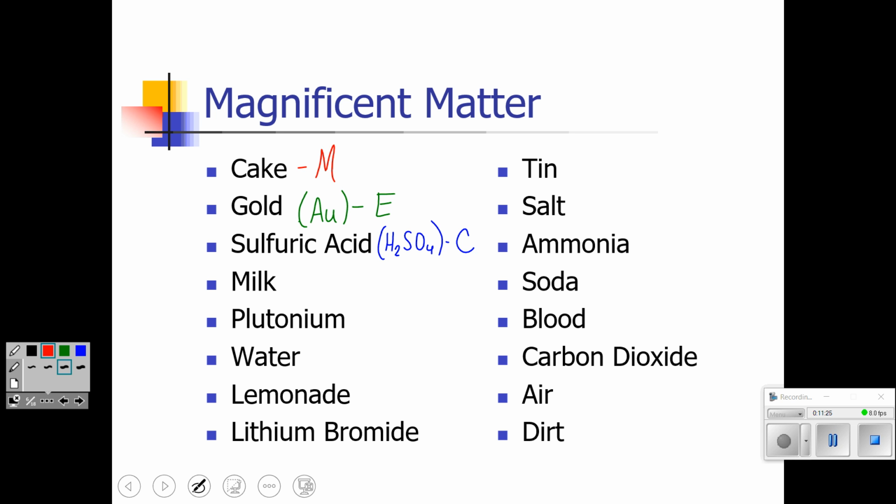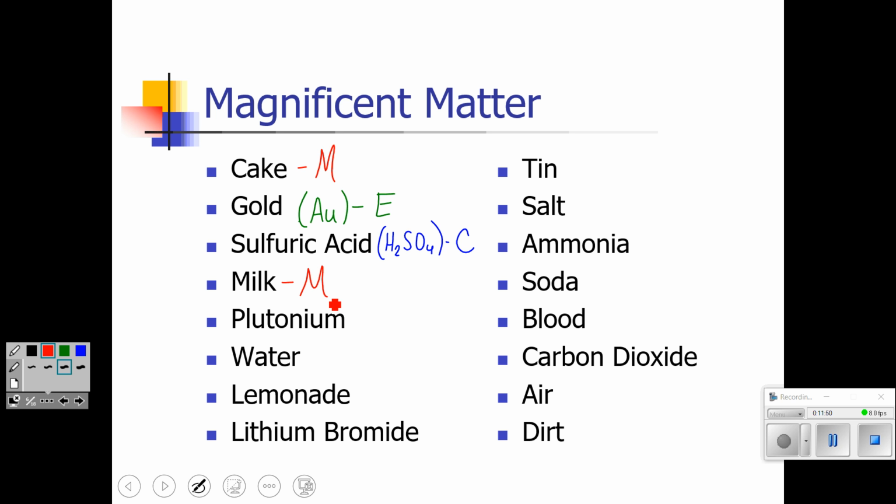Milk is a mixture. Again, you can have skim milk, 1% milk, 2% milk, whole milk, chocolate milk, strawberry milk. You can vary the components and it's still considered milk. So one thing you want to look at, can you vary the components of this substance and it still be considered that same thing? And you can, so milk is a mixture.